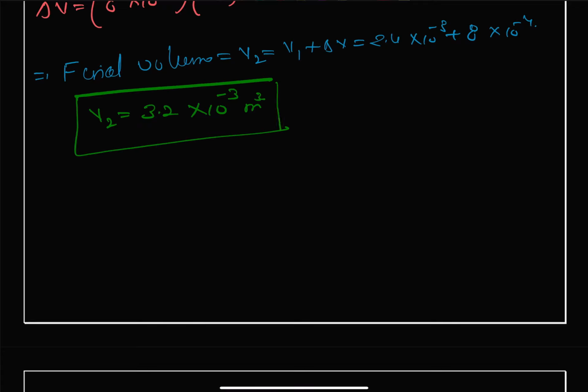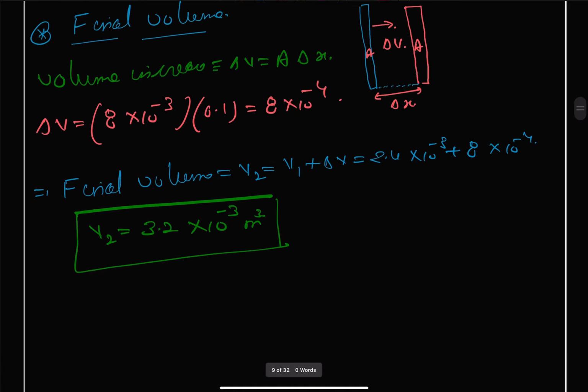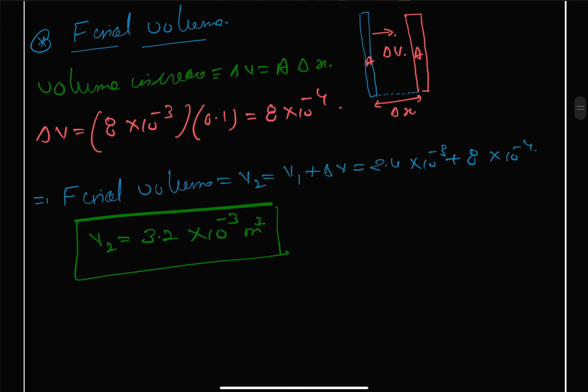Now we come to the final state pressure, because as it expands, this is a fixed position of our rigid support, and to this we have connected a spring. So obviously there will be a compression in the spring in this direction. This is K multiplied by X, that is the force because of the spring.